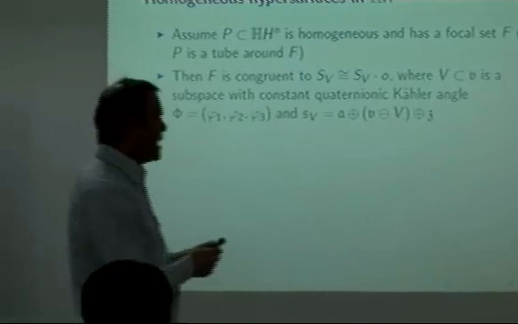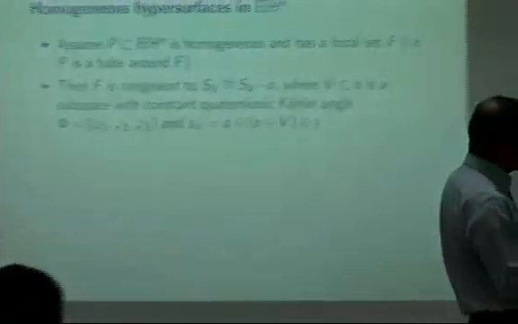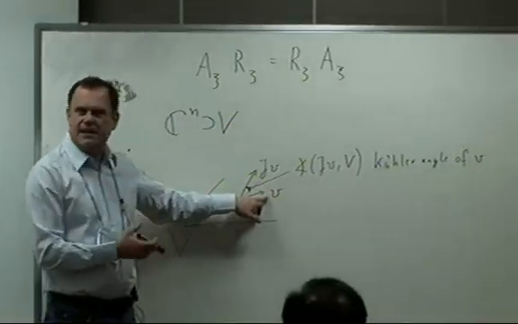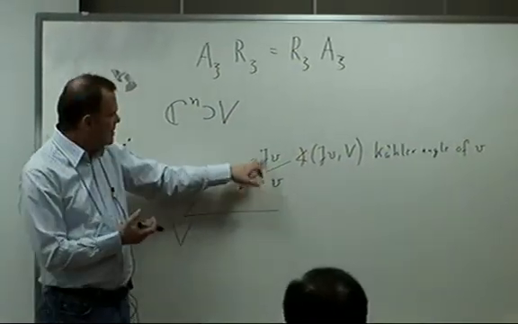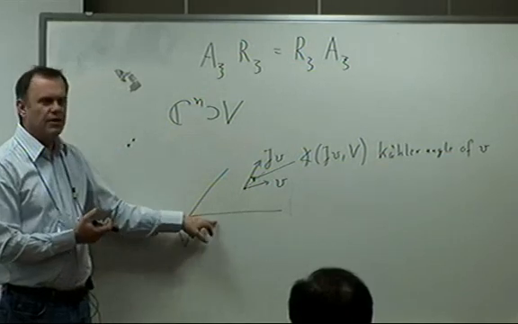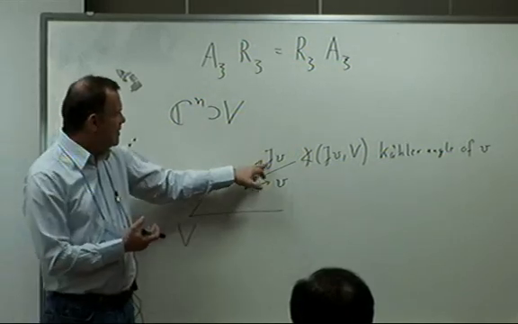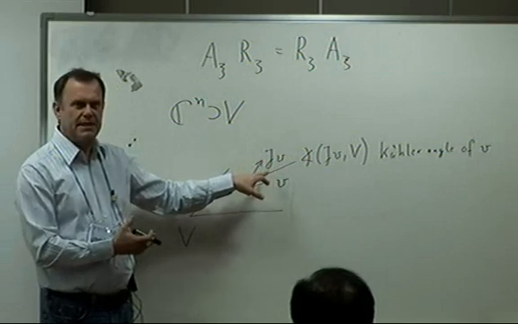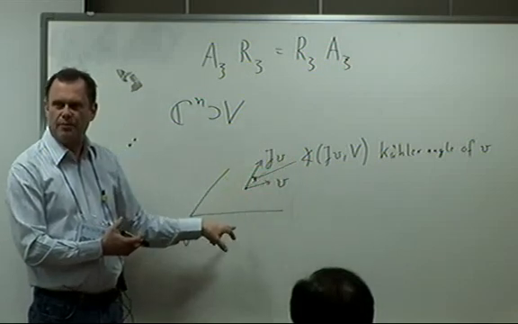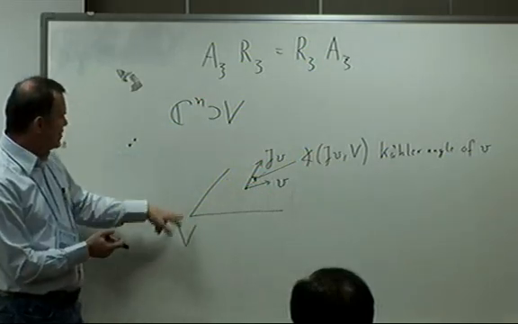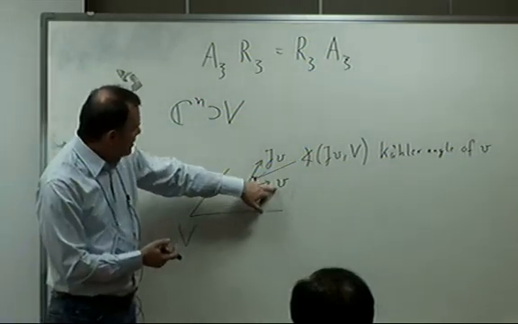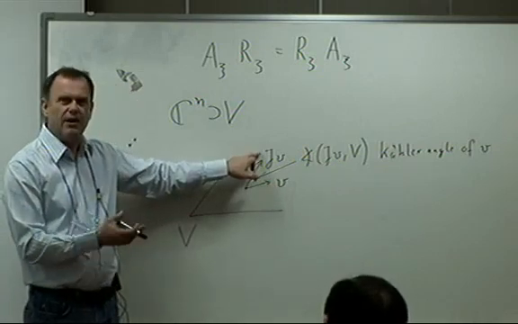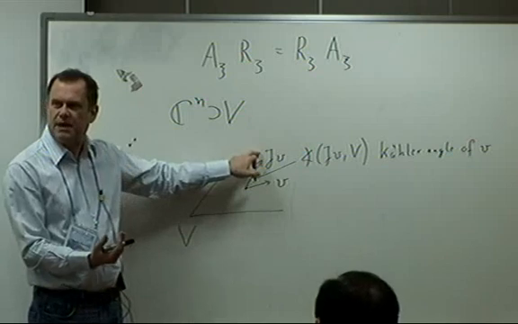For example, if we choose a complex subspace V, complex means it is invariant by the complex structure, so JV will always belong to the subspace, so this angle will be 0. So a complex subspace has constant scalar angle 0. If we choose a real subspace, we take a vector, apply J, then this vector will be perpendicular to the subspace.